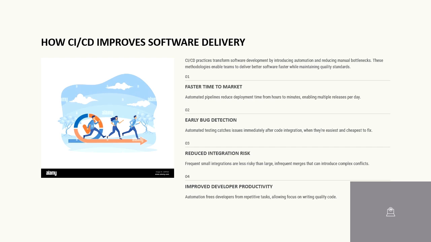Now, as we said, what are the benefits? The benefits are listed here: faster time to market, early bug detection, reduced integration risk, improved developer productivity, etc. From the developer's point of view, it frees the developer from repetitive tasks because it is automated.